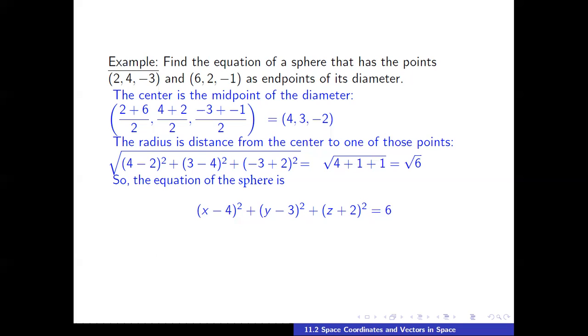Okay, all right. So we got that the equation of the sphere is given by that, right? Remember, it's x minus the x coordinate for the center squared plus y minus the y coordinate for the center squared plus z minus the z coordinate for the center squared equals the radius squared.